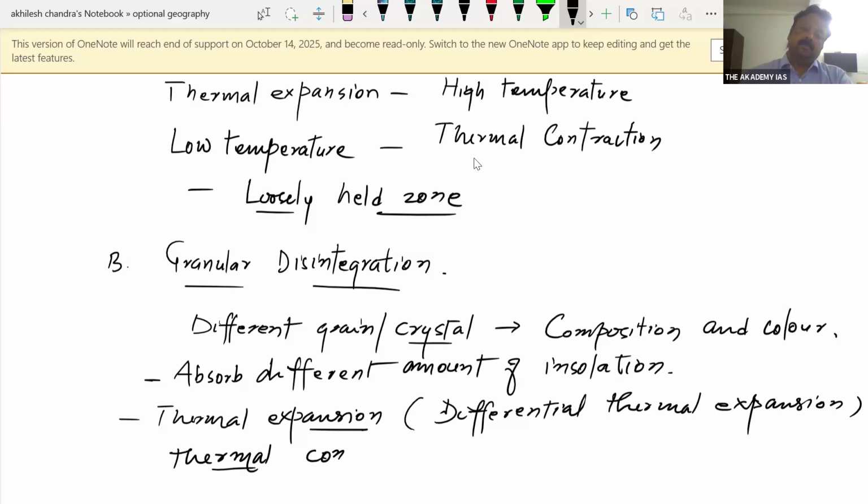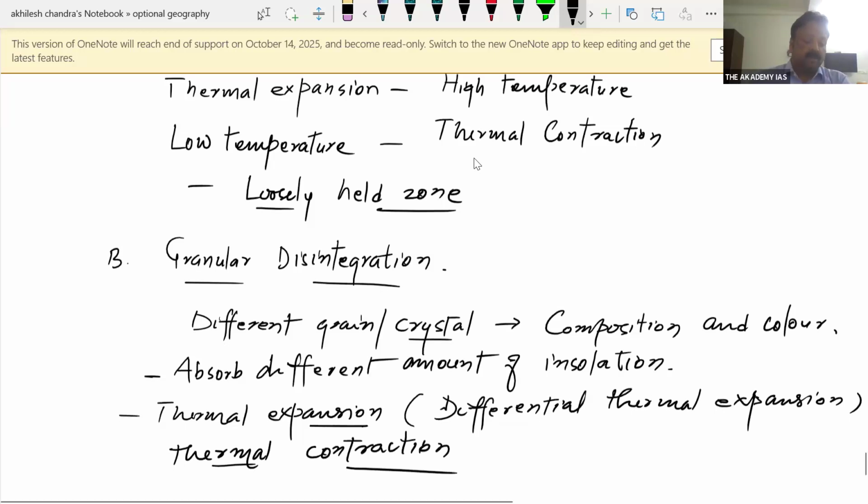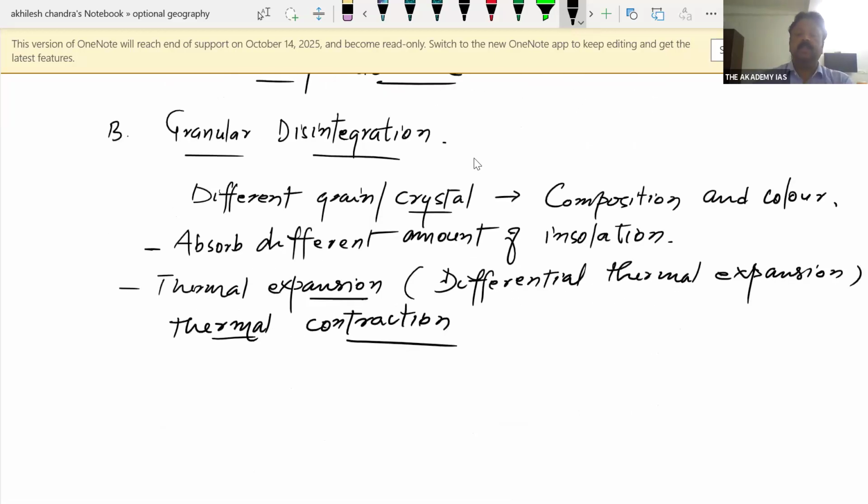So due to this differential absorption of heat, the granular rock get disintegrated in different grains. Rock get fragmented. Okay.